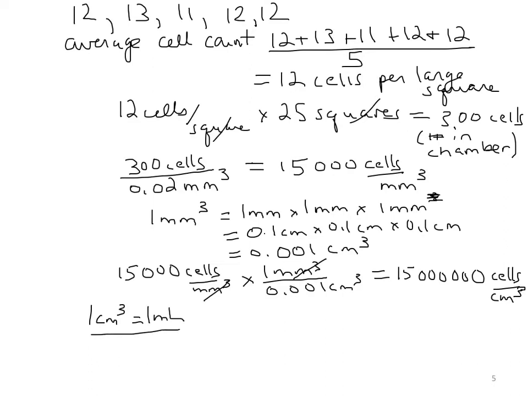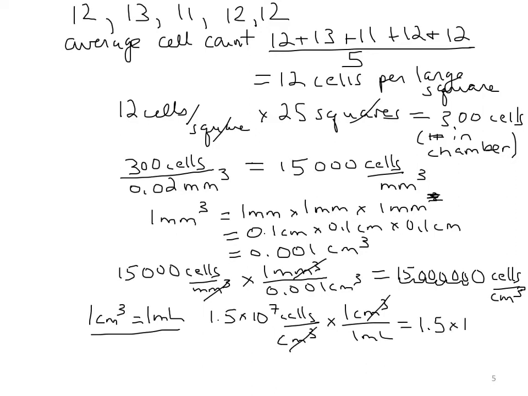So I'm going to rewrite that in scientific notation and convert it. 1.5 times 10 to the 7 cells per centimeter cubed times 1 centimeter cubed per 1 mL gives me 1.5 times 10 to the 7 cells per mL. That's my concentration.